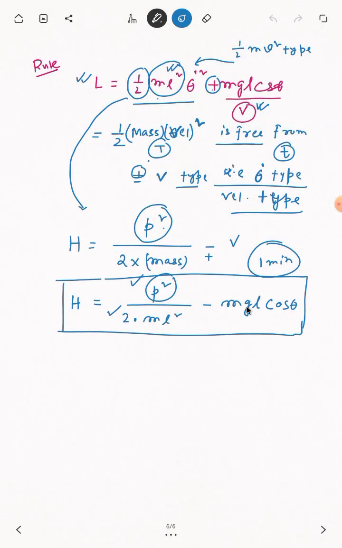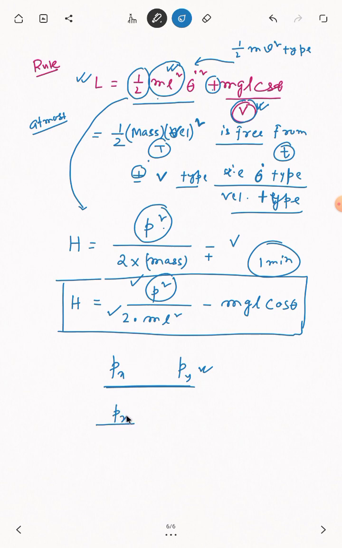But remember, to use these shortcut tricks, we should have potential V which is free from velocity type or theta dot type or x dot type, whatever you can say. Now if there are generalized coordinates, at most 2, and they are given with say px and py, these two being generalized momenta, then this result will just be a summation.